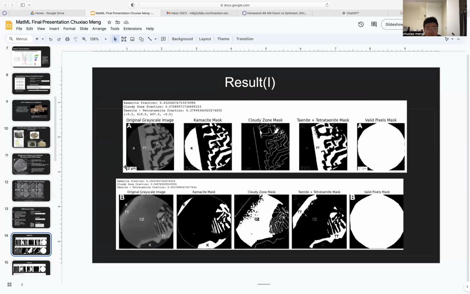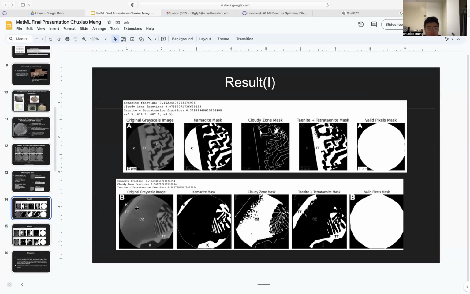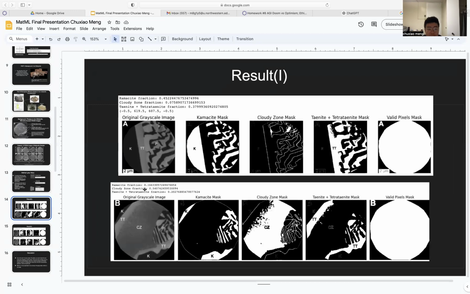So here's the result. The first picture shows the original image, and then it maps the regions where the algorithm thinks the kamacite, cloudy zone, and taenite phases are, mapped by the white color. In this slide, we have sample A and sample B, and the fractions of each phase are shown here.